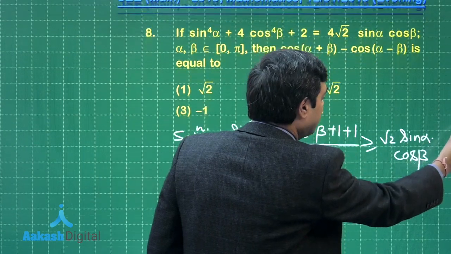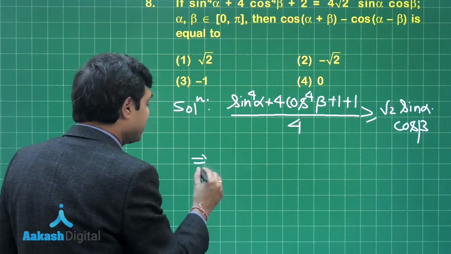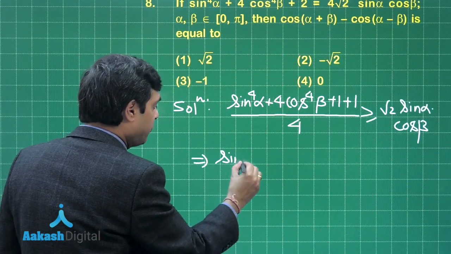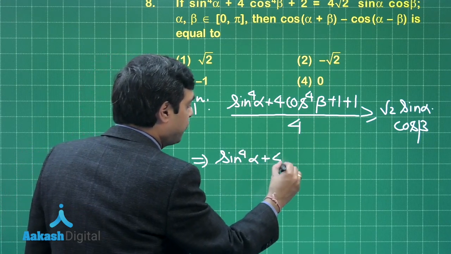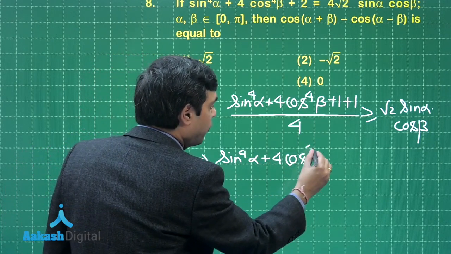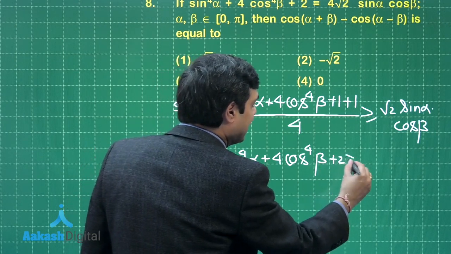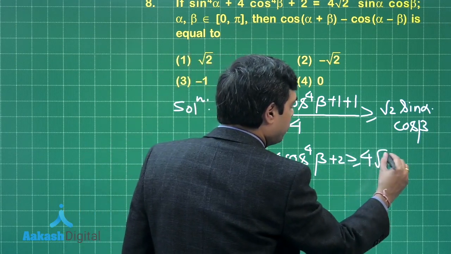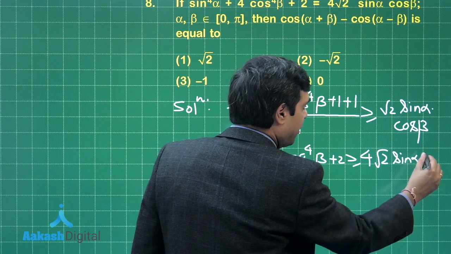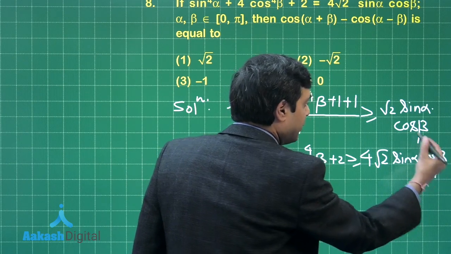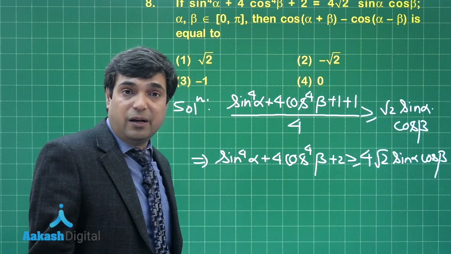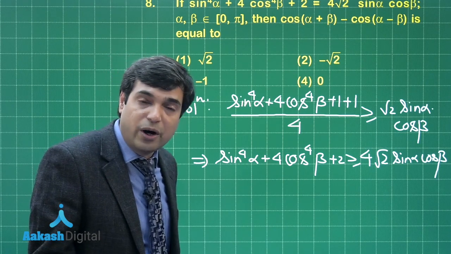That is clear. Now, we have the result with us, sin⁴α + 4cos⁴β + 2 ≥ 4√2 sinα cosβ. Now, we need equality, inequality not required. What does it mean?